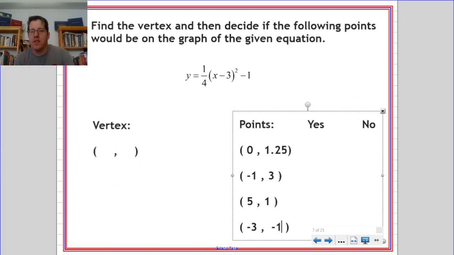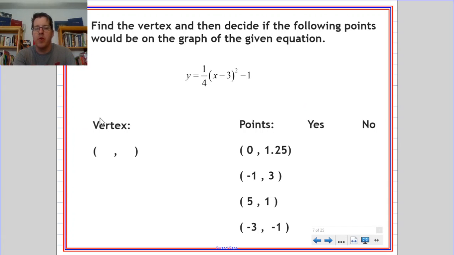Okay, the next example is the same type of problem, but uses another form of the equation. This form, where there's one set of parentheses squared, is called vertex form, which makes finding the vertex really easy.